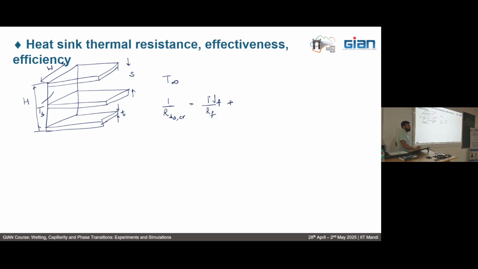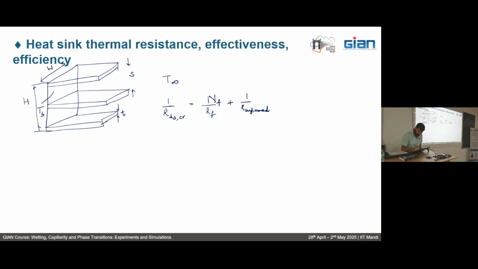Plus the resistance where there are no fins, because that is also responsible for heat transfer. So that we can write as 1 by R unfinned. Okay?